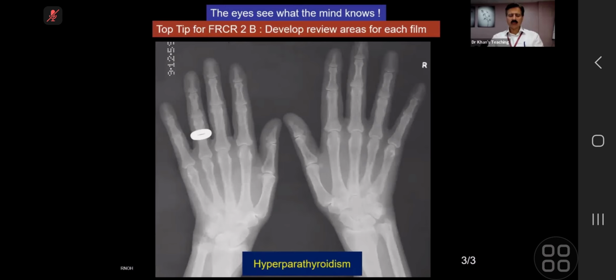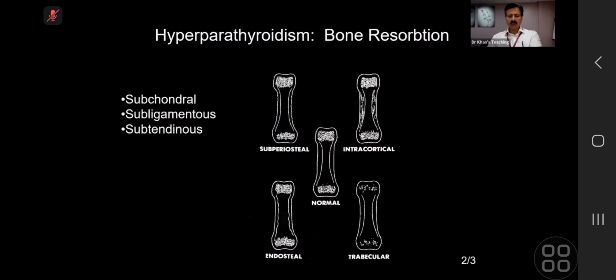So this is a film of hyperparathyroidism. Actually, what happens in hyperparathyroidism is that there is all kinds of resorption of bone, and we will cover hyperparathyroidism this Saturday. But there is an entity we call subperiosteal bone resorption. When there is subperiosteal bone resorption, the outline of the periosteum appears fuzzy and indistinct.